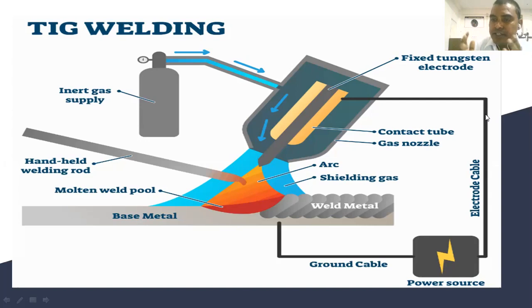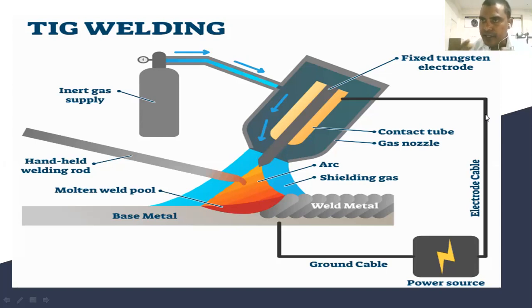After striking the arc, it is allowed to impinge on the job and a molten weld pool is created. In tungsten inert gas welding, the most important thing is that we are using a non-consumable electrode of tungsten.